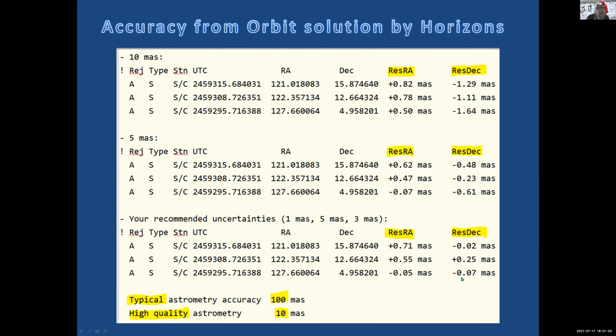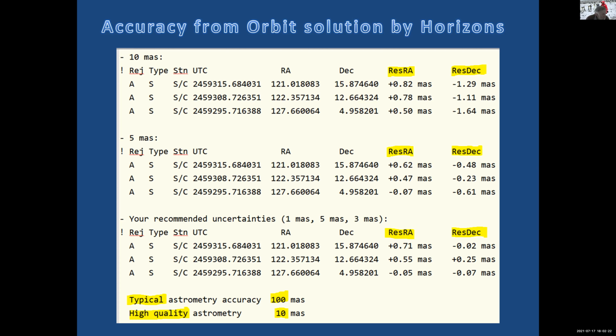Now, how significant is that? If you look at the Minor Planet Center and their overall residuals analysis for each of the observatory codes, you will find that for the traditional astrometry sites, their typical astrometric accuracy is no better than 100 milliarc seconds.